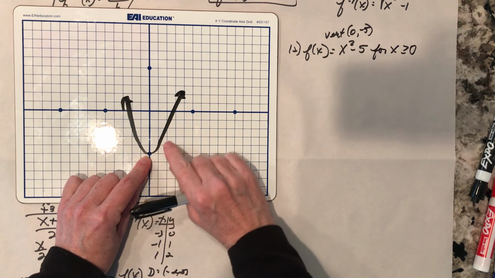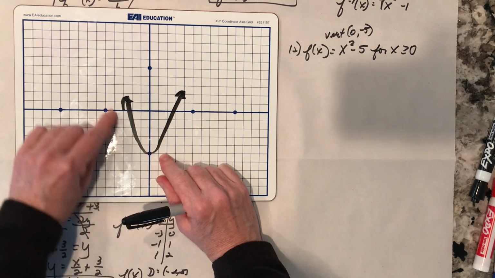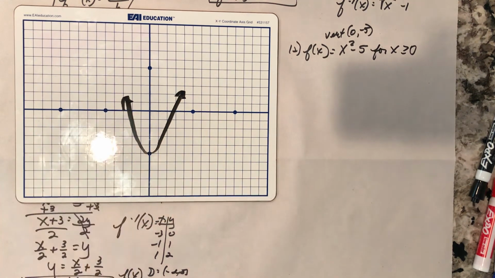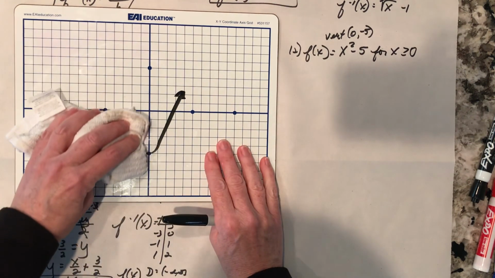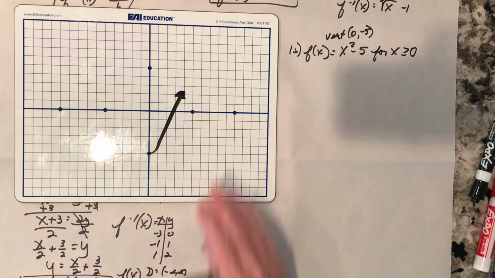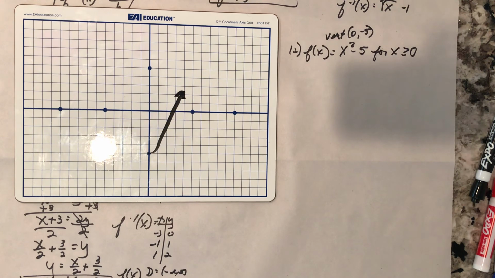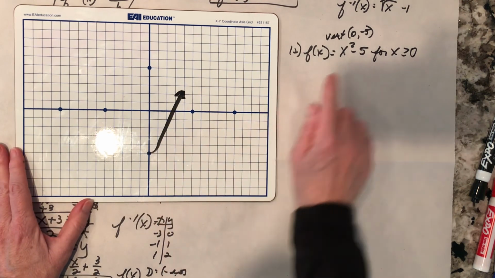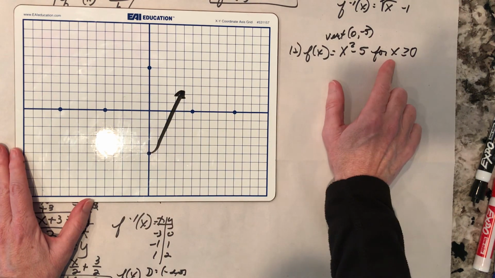So these will all work. This piece will not work. This arm will not work. We're just going to get rid of it. That piece of the parabola is just not part of this graph. There are reasons for that. You don't care. So this is what we've got for x squared minus 5, where x is greater than or equal to 0. I didn't write that on my graph, on my number 12, but it should be there.